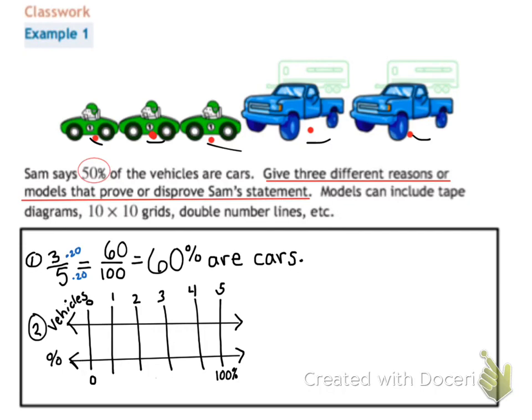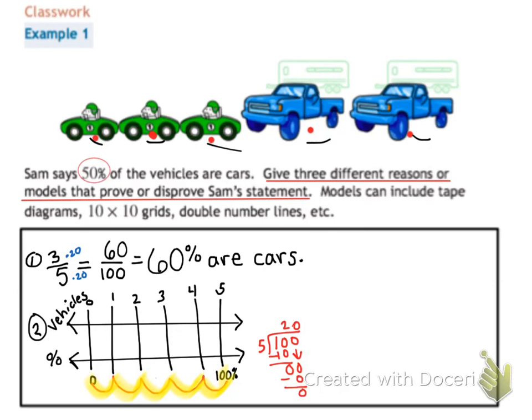Now, I need to count all the parts, right? So, let's count them. 1, 2, 3, 4, 5. So, I need to do 100 divided by 5. And I can conclude that the bottom double number line is increasing by 20%.